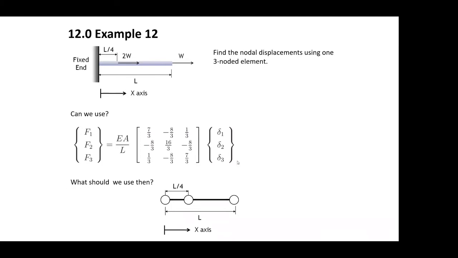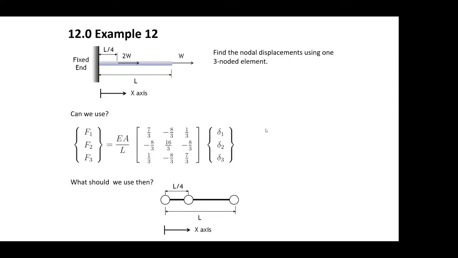What is that? Here in this example, we have a concentrated load, all right? So we don't have a distributed load. If this were a distributed load, then we would have an equivalent load vector.